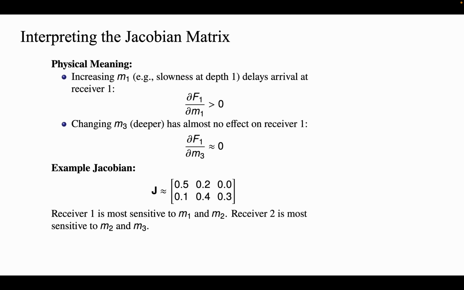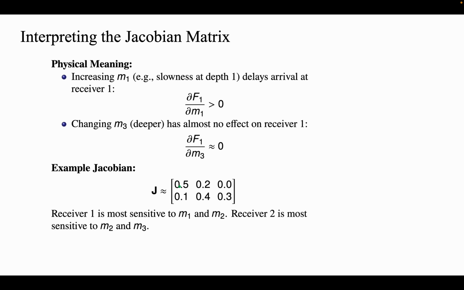If the change in value is positive and I change m1, then f1 will increase, so there will be more delay in the arrival. Similarly, if changing m3 has no effect on receiver 1, then how do we quantify it? We quantify it by saying that the derivative of f1 with respect to m3 will be approximately 0, which I have already explained to you.